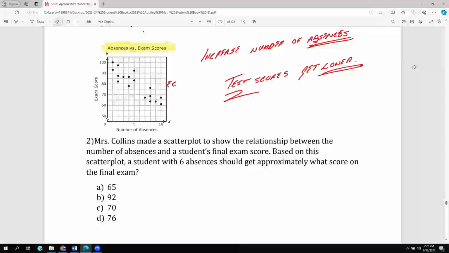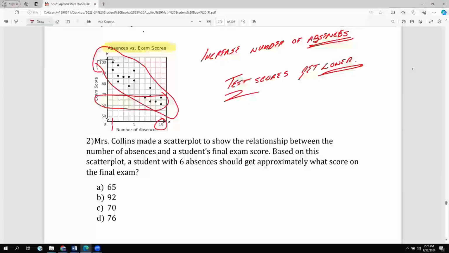So based on that information, if I knew that happened to students last year, I'd say, oh, that happened to my students last year. The persons who missed 10 classes made low scores, and the persons who only missed one class made really high scores. If I had some advice for the next class coming in, should I say miss a lot of classes if you want to make a high score?